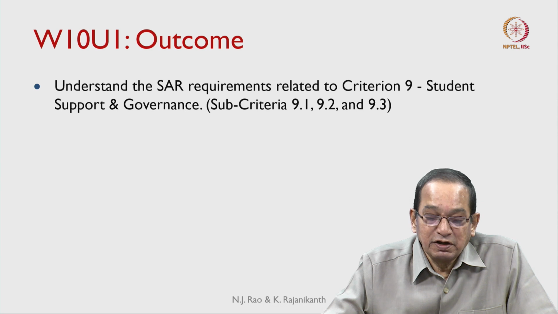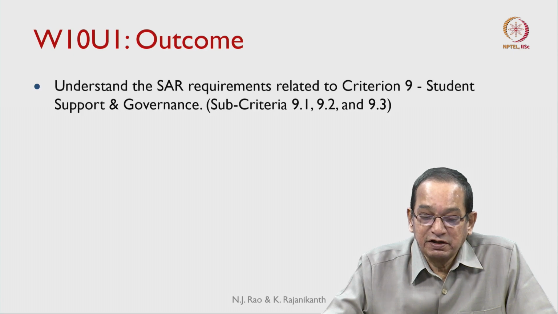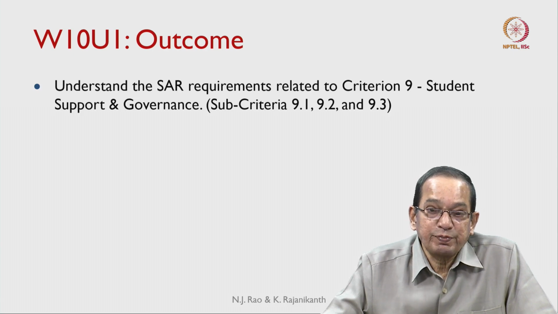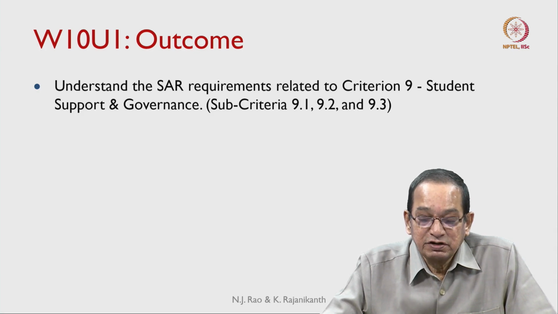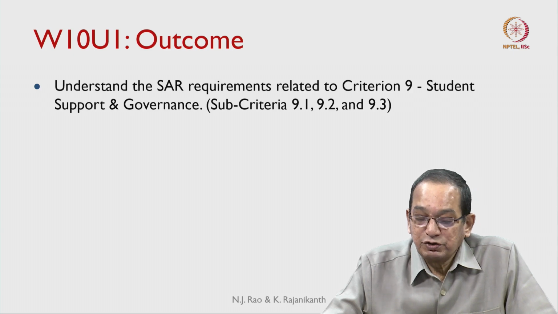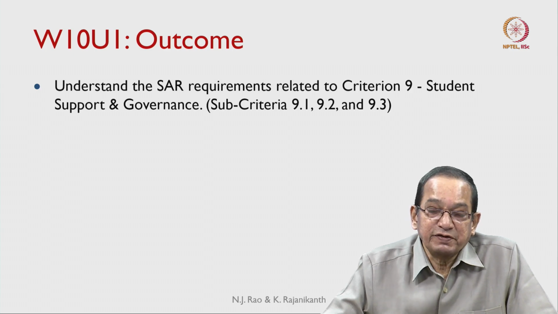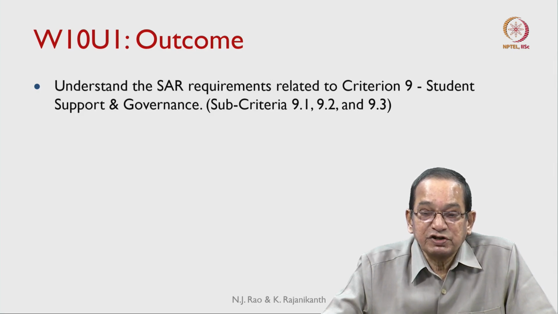We will discuss the SCR requirements related to this criterion 9 in 4 parts. In this unit W10U1, the outcome is to understand the subcriteria 9.1, 9.2 and 9.3. We will be covering the rest of criterion 9 in the units that follow.